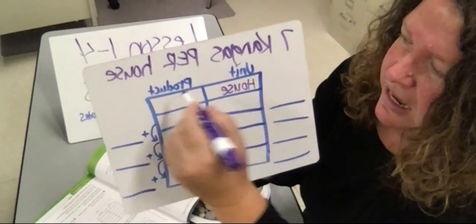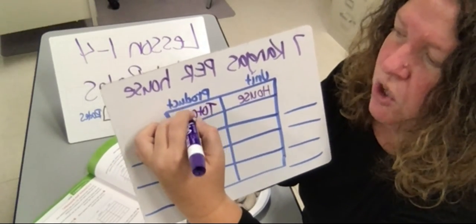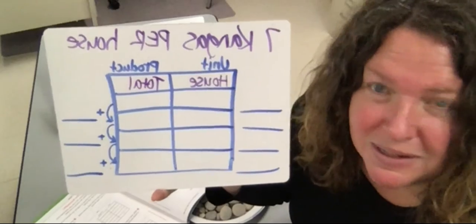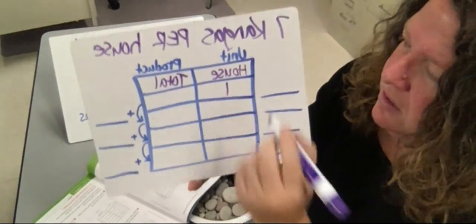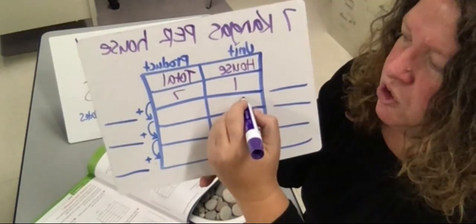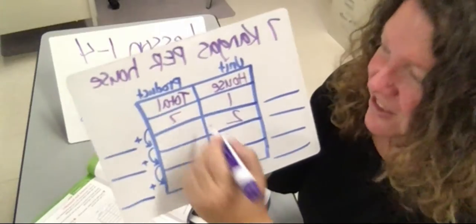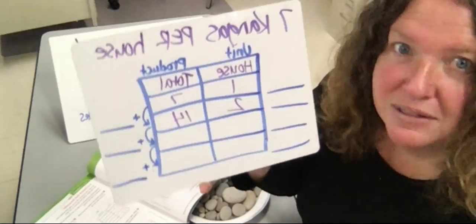So per house, and then how many number of kangaroos, and it's going to tell us the total number of kangaroos. So in 1 kangaroo house, there's 7. But if we have 2 kangaroo houses, there's a total of 14 kangaroos.